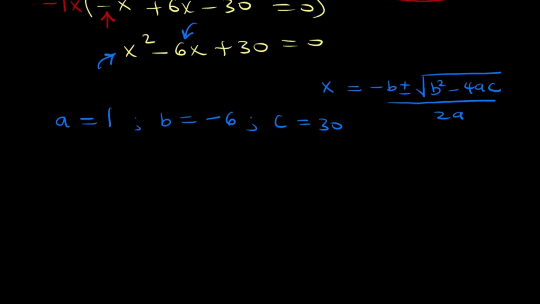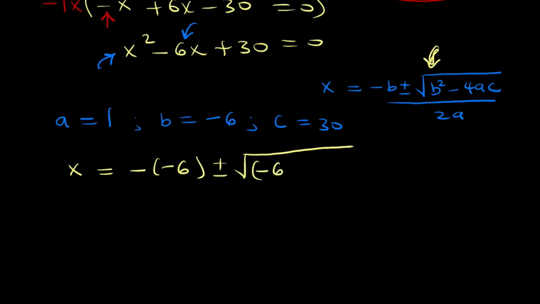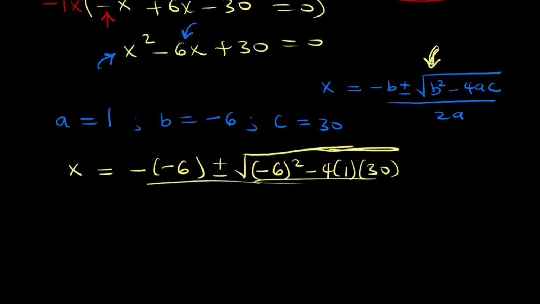Let's go ahead and substitute these values into this formula here. Therefore x is going to be 6 plus or minus the square root of negative 6 squared minus 4 into 1 into 30, and divided by 2 into 1.